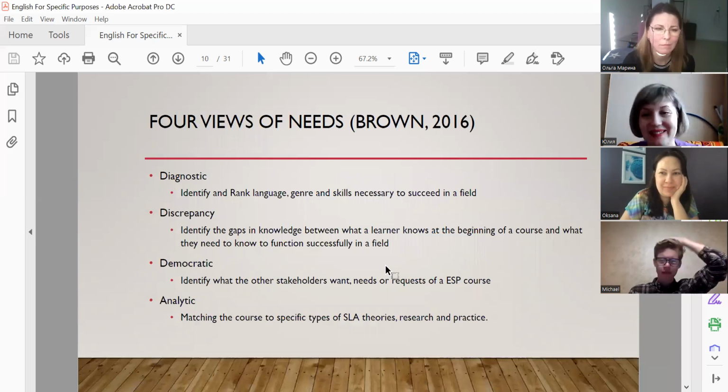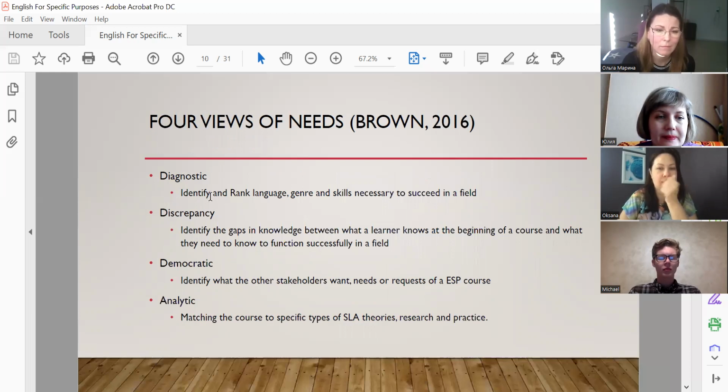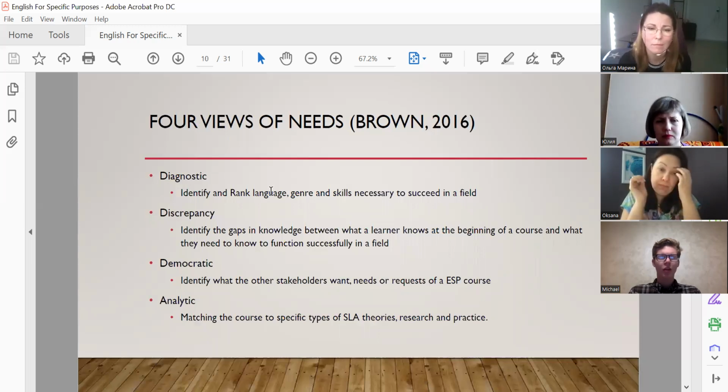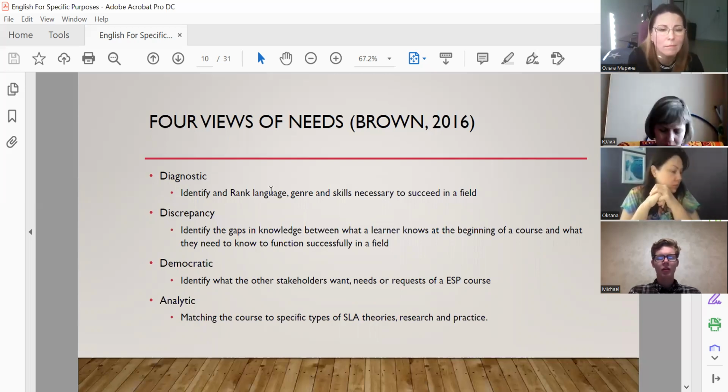Four views of needs: diagnostic, identify and rank language, genres, and skills necessary to succeed in a field. Identify and rank language, the specific language. If we're talking about nursing, then there is some specific language that nurses use.